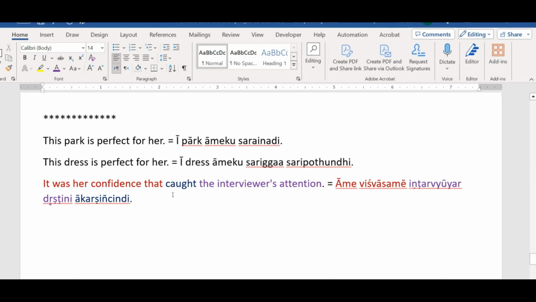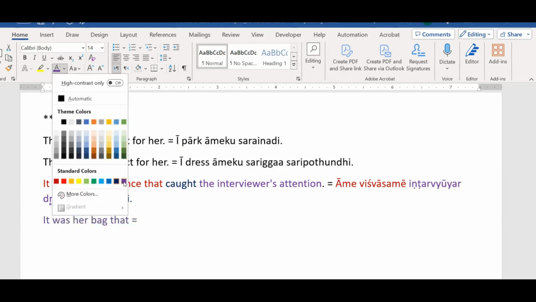But here I need to explain something. Let's discuss one by one. It was her confidence that. Whenever you have this kind of structure, it was her bag that. If you want to have something like this phrase, let's have a little practice.